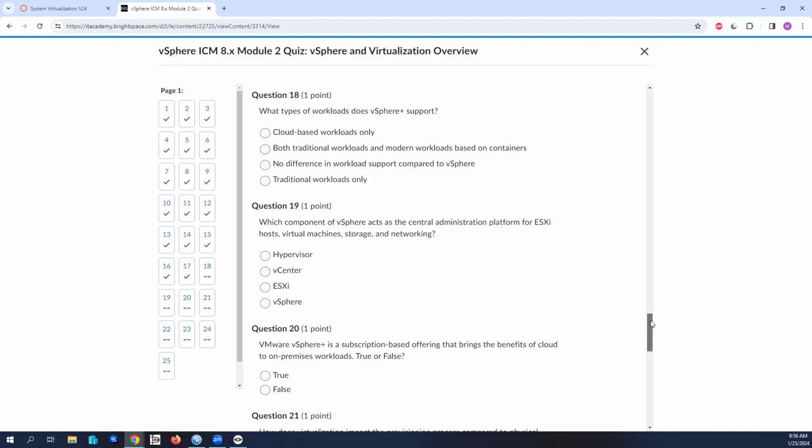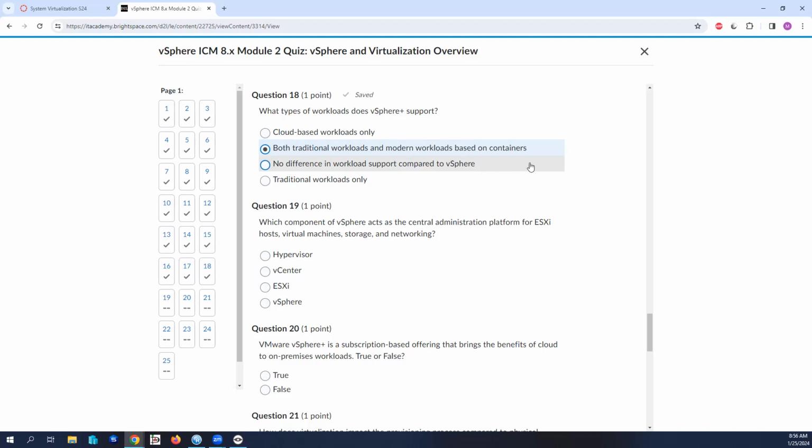So vSphere Plus is the hybrid cloud management interface. This one probably looks like the longest answer: traditional workloads and the Docker container stuff.